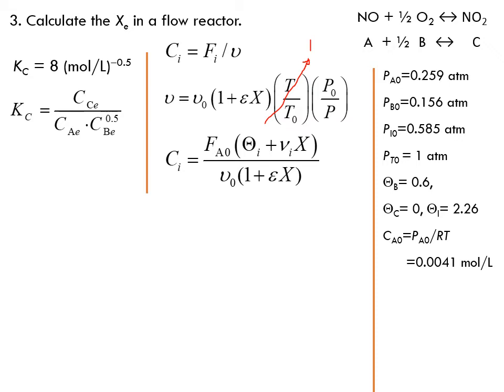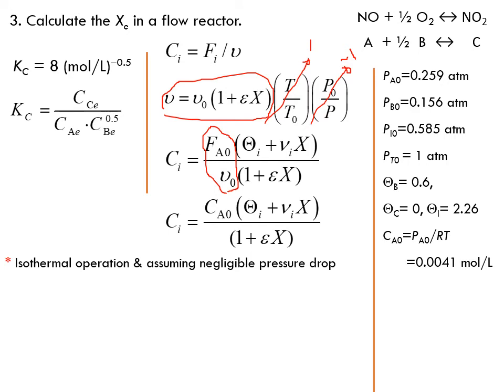Let's assume that there is no pressure drop in the reactor, therefore this also equals almost 1. So with negligible pressure drop, the remaining term is epsilon equals epsilon naught times 1 plus epsilon x, which is here. Upon simplification, we end up with this expression.